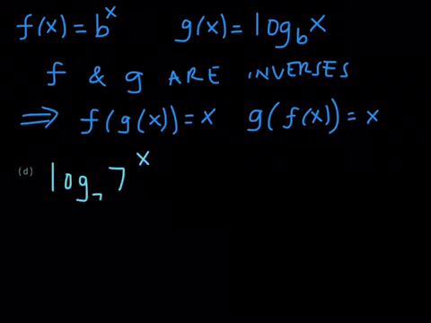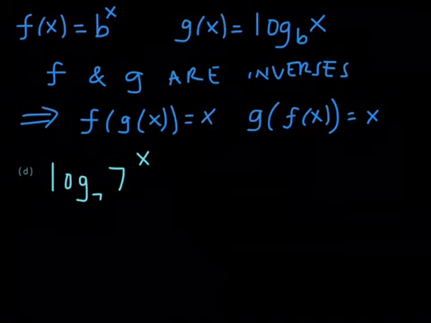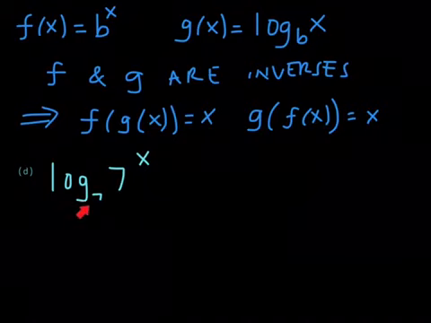All right, here we go, guys. We have log base 7 of 7 to the power x. You have a logarithm base 7 right here, and then you have an exponential expression, also base 7.